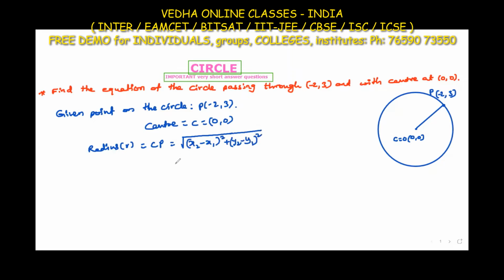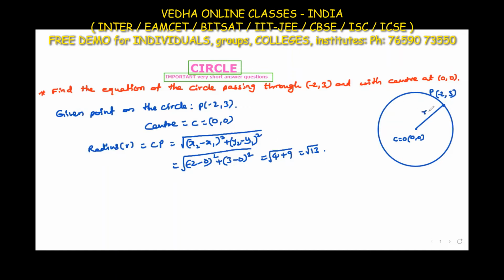Using this formula, -2 minus 0 whole square and 3 minus 0 whole square. That means -2 whole square is 4 and 3 square is 9. 9 plus 4 is 13. So root 13 is the value of R, the radius.